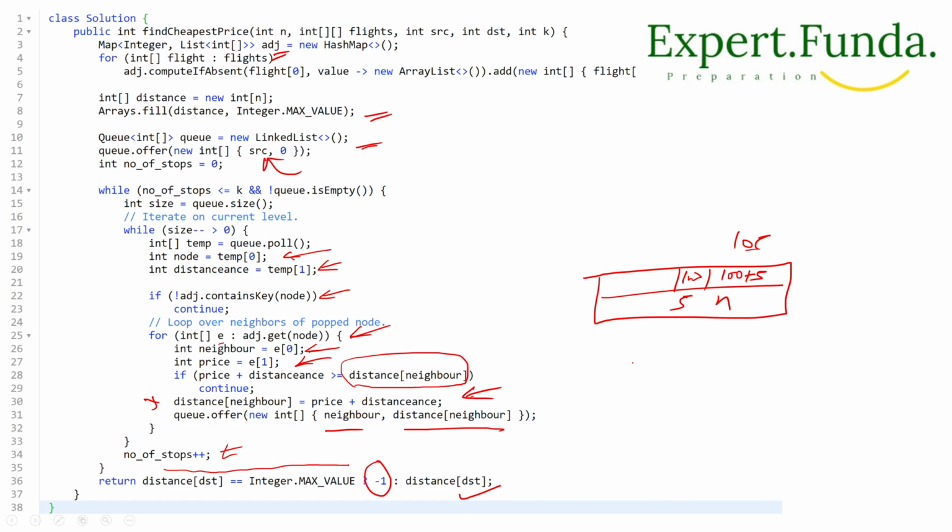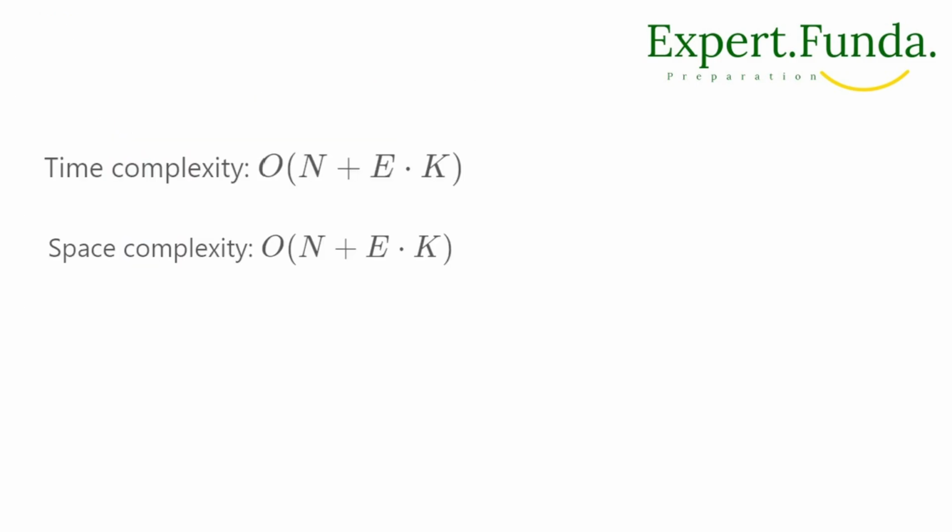And that's all, guys. Now if we talk about the complexity: the number of nodes n is given, the edges e are given, and k is the maximum number of stops we can take. So we have to multiply this. We check how many edges are given, and that's why we take e into k. And for the nodes, n plus e. Basically, if we want to find the stops and path, always remember it becomes n plus e.